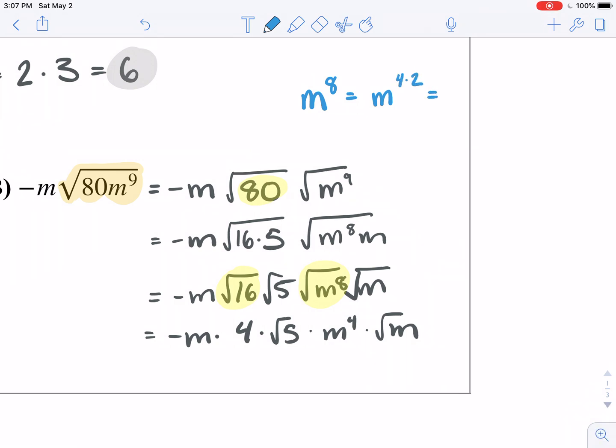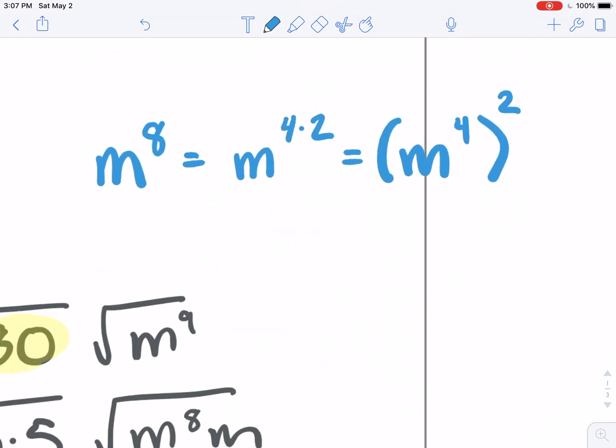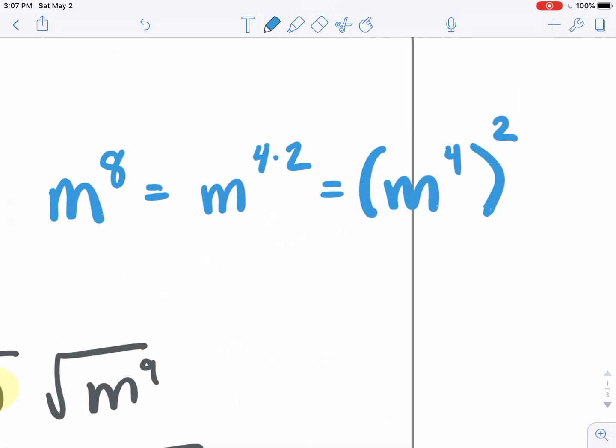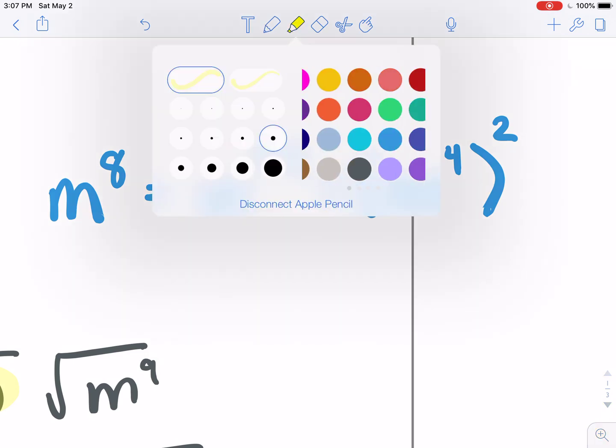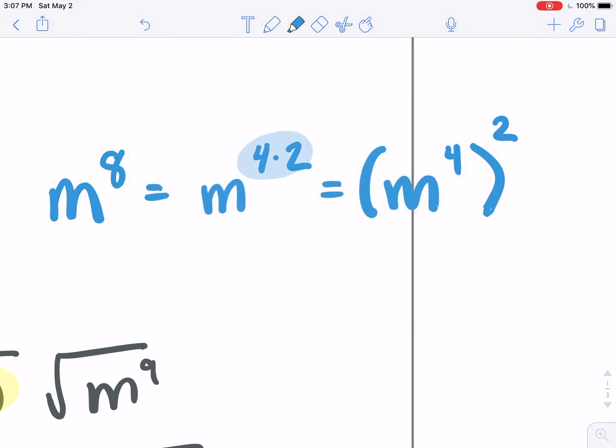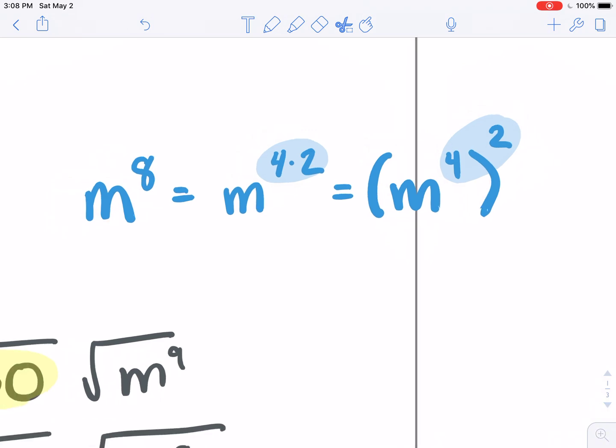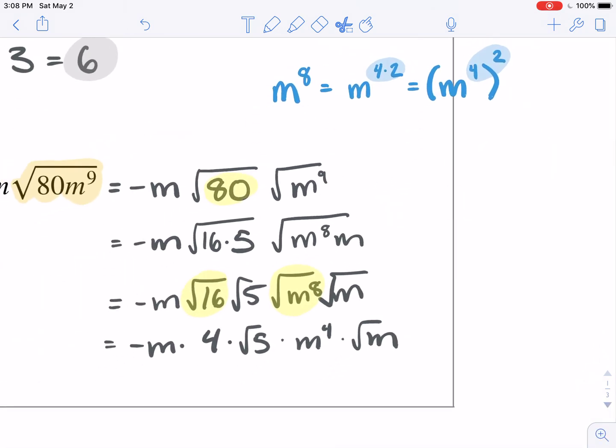According to our powers rules, that's the same thing as m to the 4th power raised to the 2nd power. Because again, if you have exponents that are multiplied by each other, that's like raising those exponents to another power. So m to the 8th is the same thing as m to the 4th squared. So m to the 8th is a perfect square.